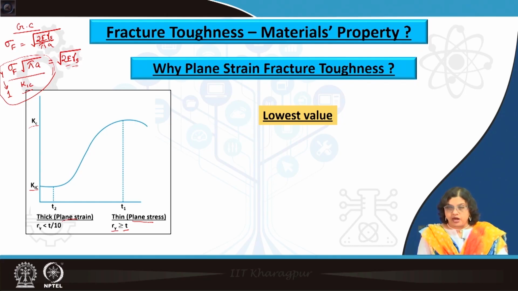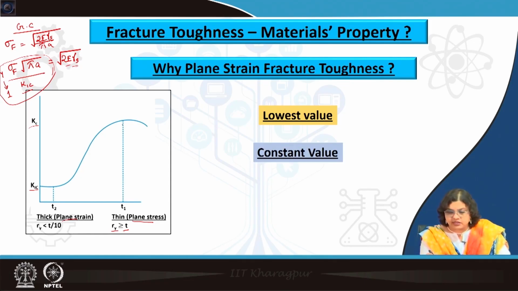Okay. But most importantly, what is in favor of plane strain fracture toughness being considered as materials property is the fact that it has a constant value. You see, for the case of plane stress, when the thickness is increased from this T1, okay, it is still under plane stress condition or in the mixed mode kind of condition, but there is a rapid change in the values of fracture toughness.